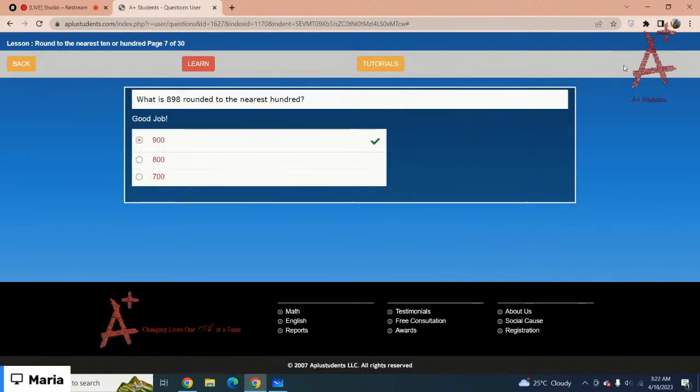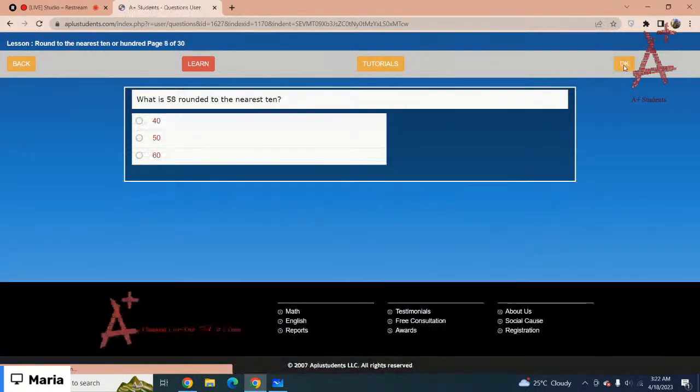Very good. What is 58 rounded to the nearest 10? Which is the correct option?